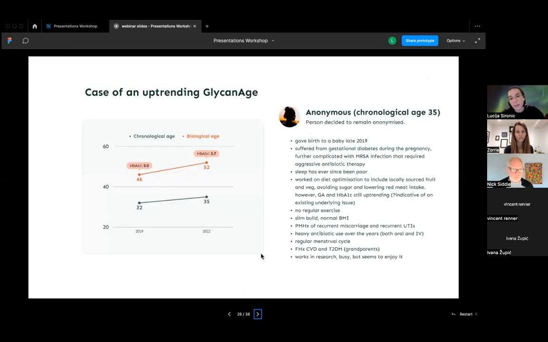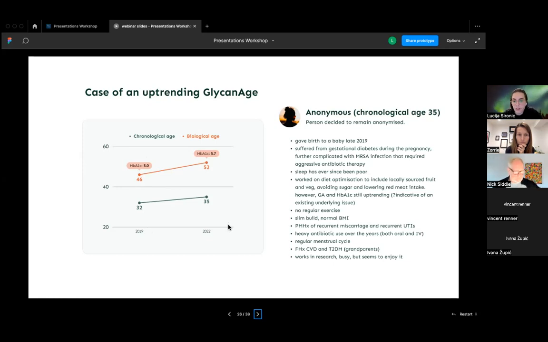The other case study, again, a really interesting one. Again, it's a female, 35-year-old, currently chronologically speaking. She had her first GlycanAge test done in 2019. And at the same time, because it is relevant to this case, she also had some other blood tests done, including the HbA1c marker, which was acceptable at the time.